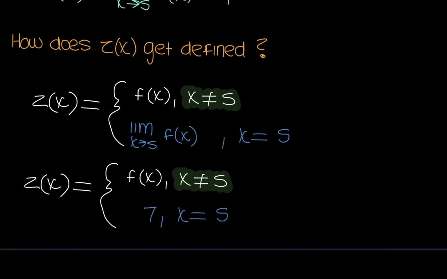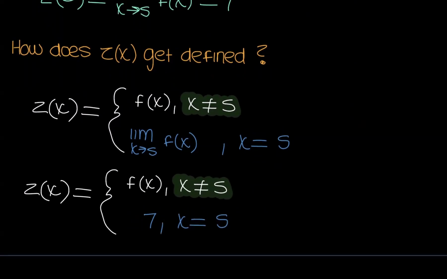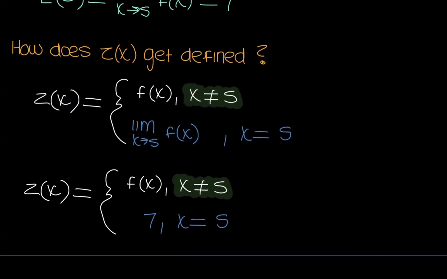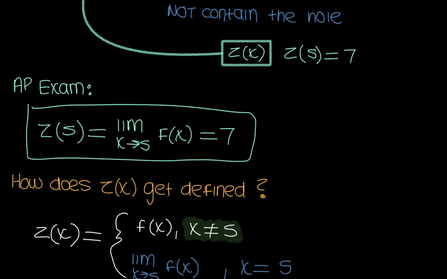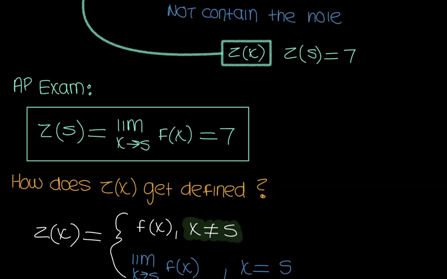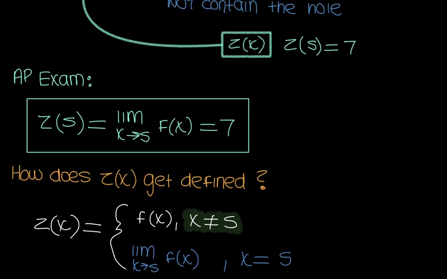So look, it's not that complicated of an idea, because at the end of the day, we're just supporting this statement, which is why I like to emphasize it: for our new function z, we're just relying on the limit. We're relying on this limit to give us the value of z of 5.